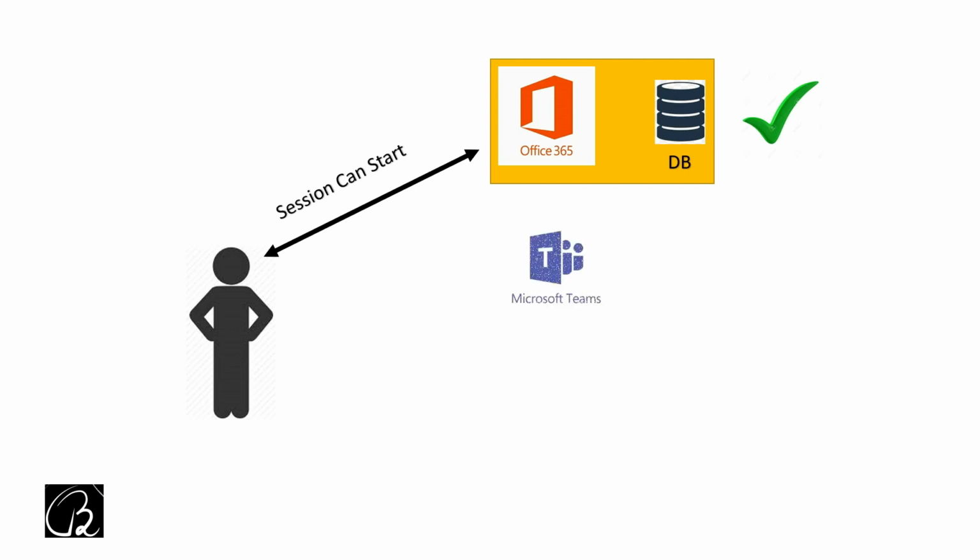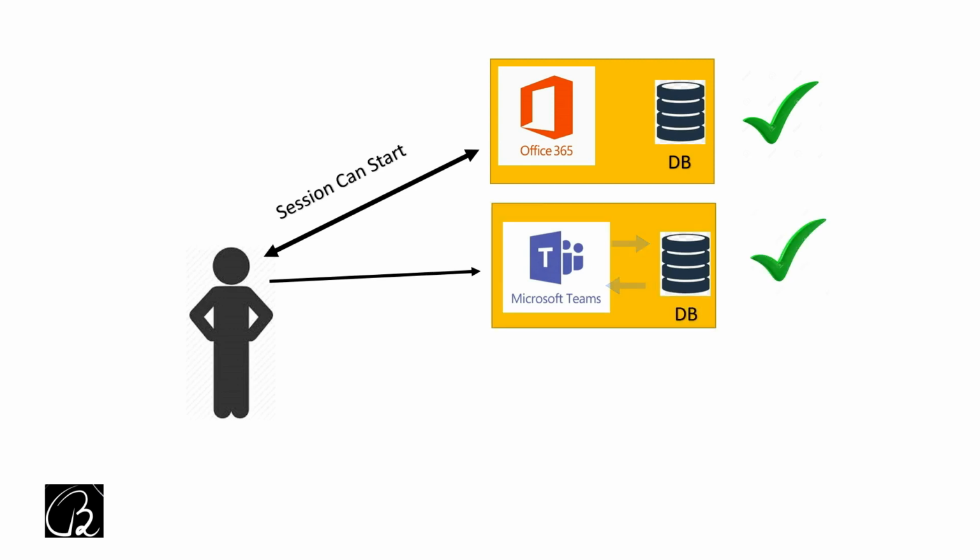Now if you have one more application, let's say it's Microsoft Teams, the same way, first it will ask for the credentials and you have to pass that. Again, I'm assuming that you have already registered your account on that application. So first you have to pass your credentials to that application, and then it will check the data which is there in the database. Now if it is matching, like if everything is fine, then you are good to go.